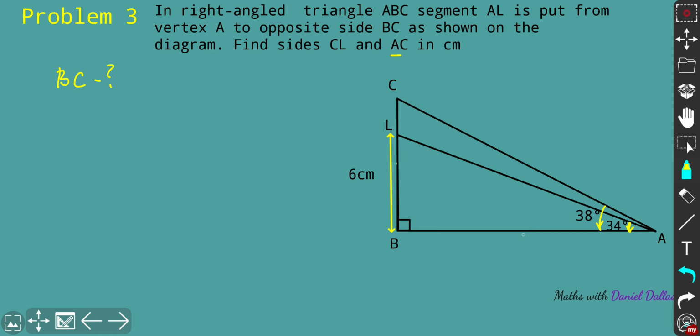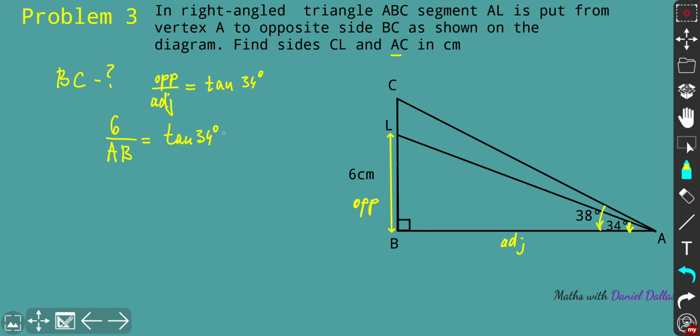Okay, so let's complete it, because AB is the adjacent side to the angle 34, and we have 6 as the opposite side. We can use the tangent rule. So this is the adjacent side, and this is the opposite side. You remember tangent by definition is opposite over adjacent, which will form tangent of the given angle 34 degrees. We just need to plug in the values. 6 over the adjacent side, which is unknown, let's mark it as AB, will be equivalent to tan 34.